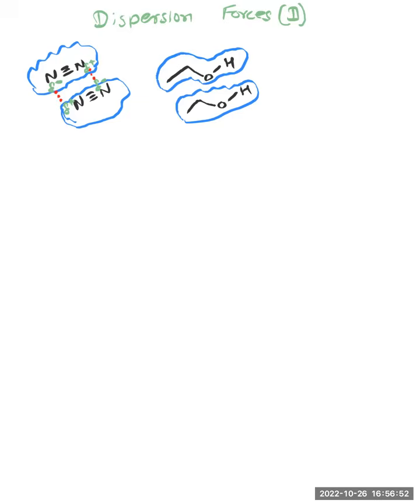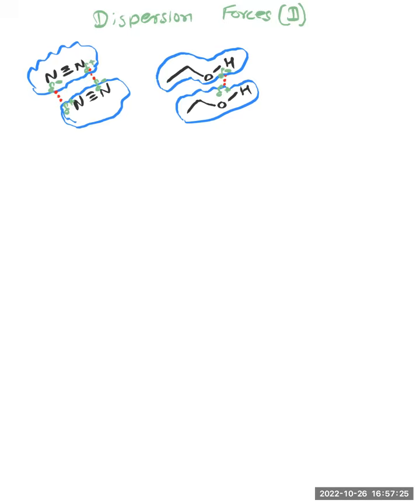And as a result, the electrons move away from one side, and that side is going to get a partial positive charge. That partial positive charge can be attracted to the partial negative charge of the adjacent molecule, and that is going to give us dispersion forces. Now, these are examples. This is how we illustrate dispersion forces.